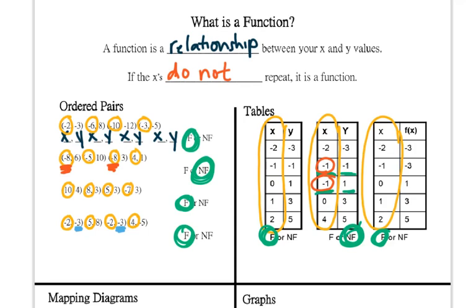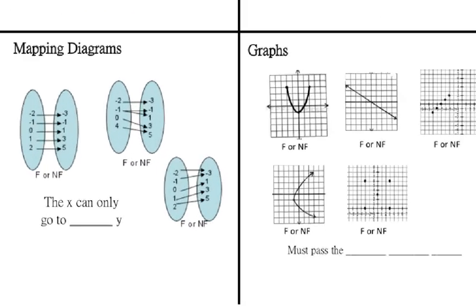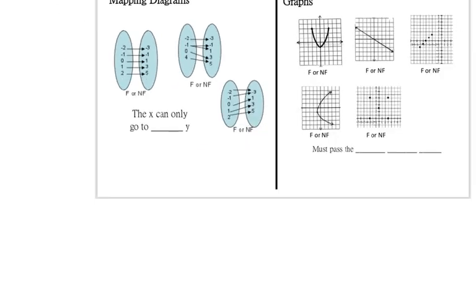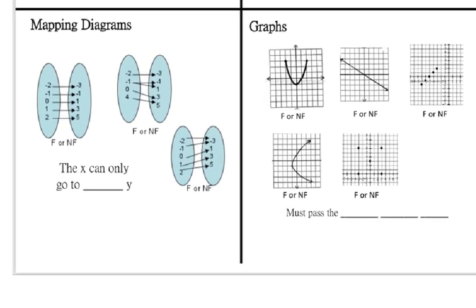So now, last piece: checking functions from a mapping diagram and from a graph. Very easy. When we're checking mapping diagrams, x always comes first, y always comes second.